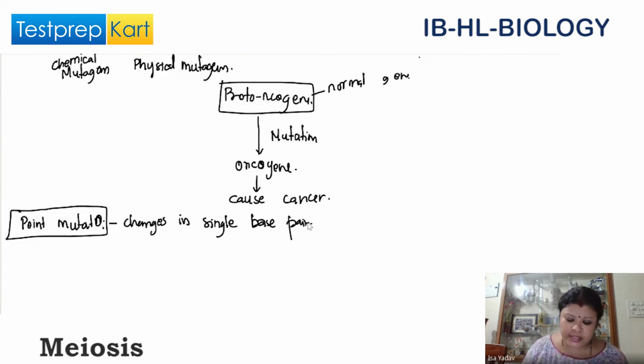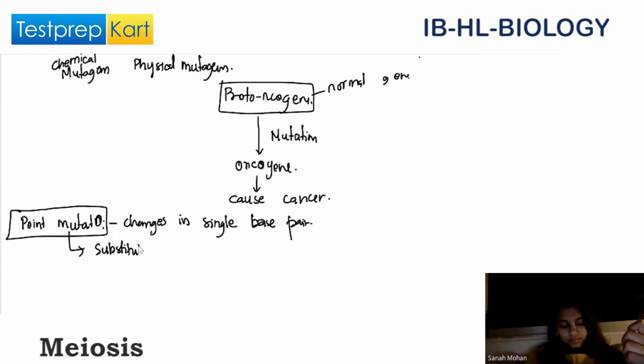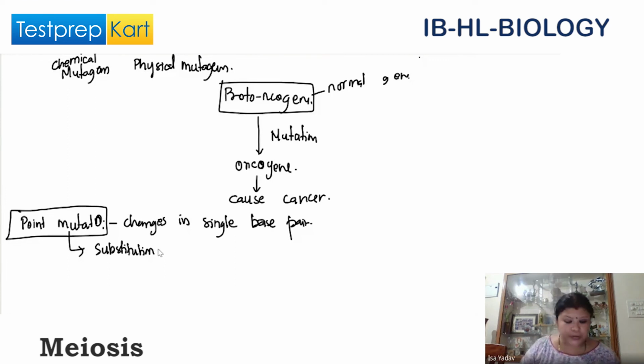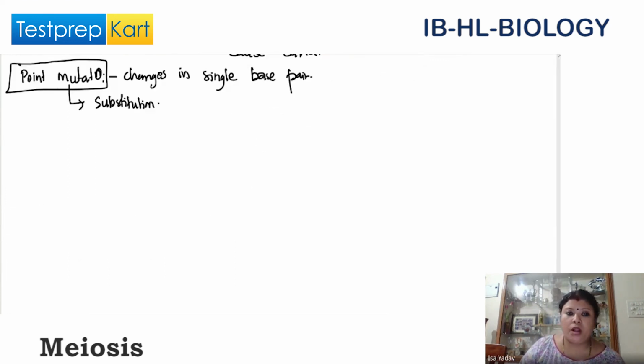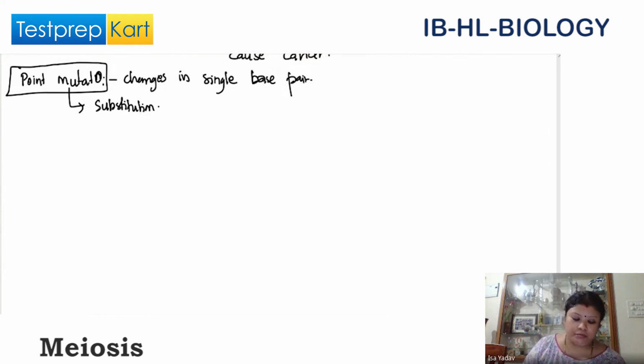Okay, it's called a point mutation. And the type of point mutation that occurs in sickle cell anemia is substitution. Okay, substitution. Now, let's try to understand this.